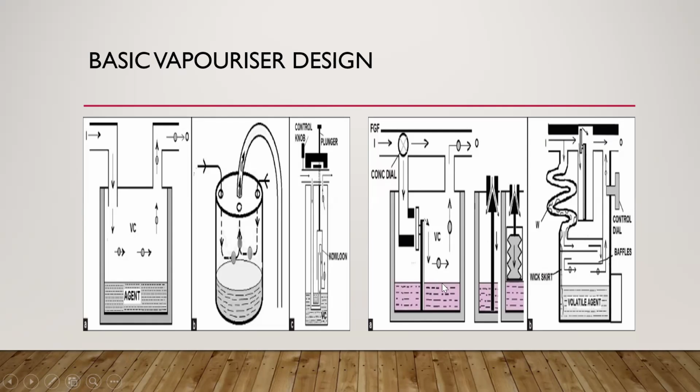Don't forget that desflurane has its own unique vaporizer. It is called the measured flow, and the measured flow is injected into the fresh gas flow that is delivered to your patient's upper airway.